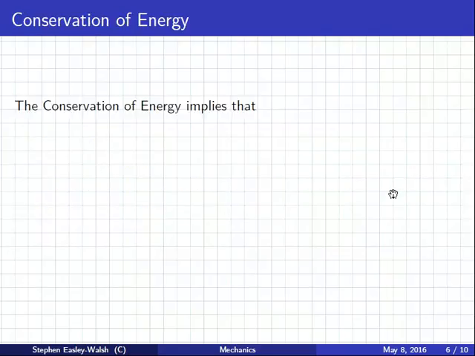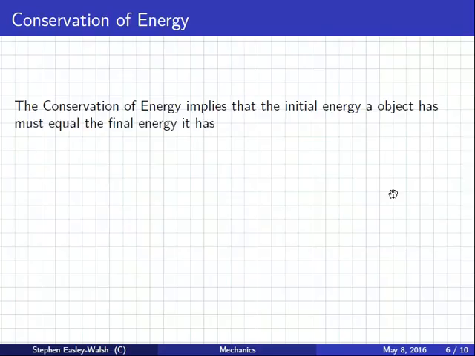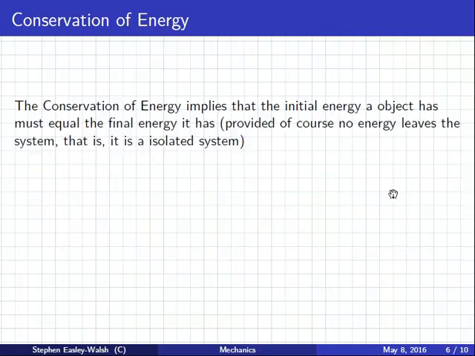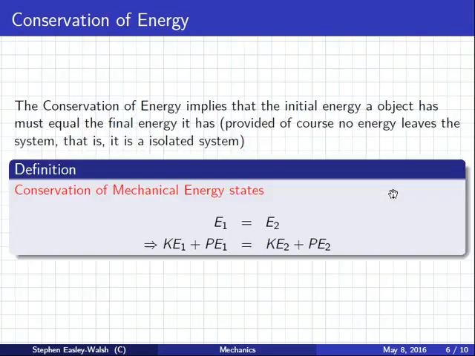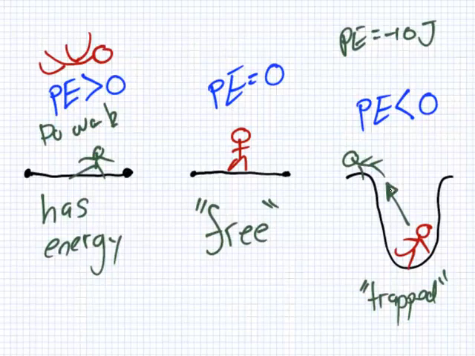So the conservation of energy implies that the initial energy of an object equals the final energy. I suppose I will just finish with maybe this. Let's say you have some story, the guy is skiing.